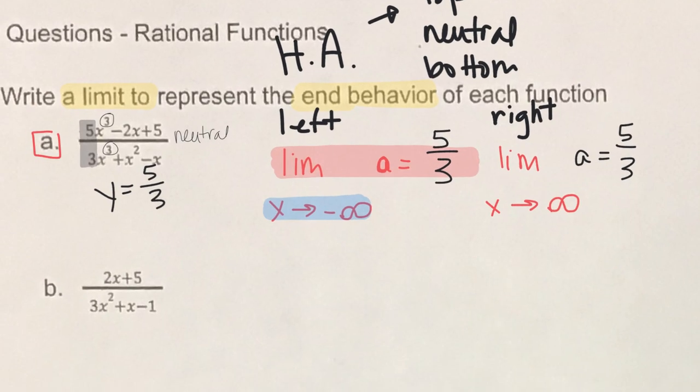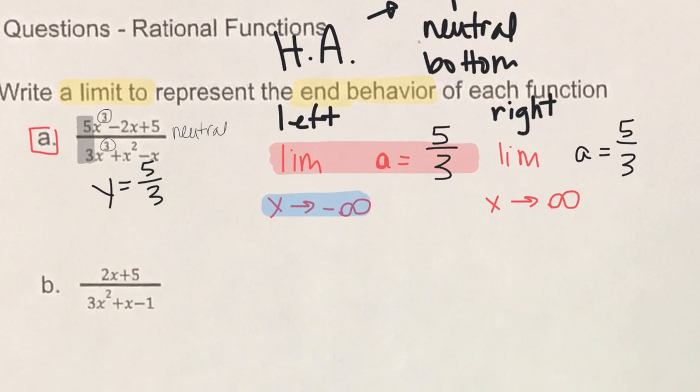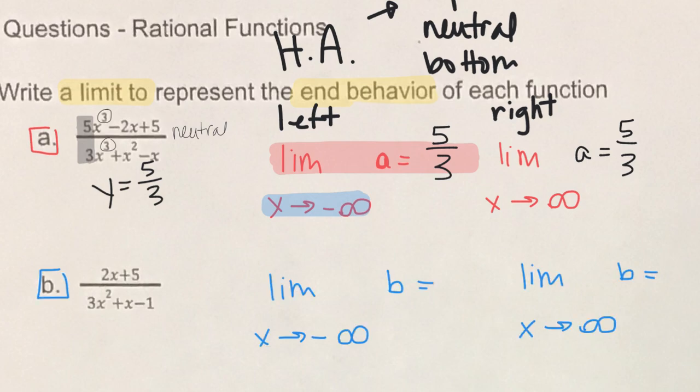Part B wants us to do the same thing. So let's start with our limit statement. Here is our left end behavior limit statement, and here is our right end behavior limit statement. Now let's look at the heaviness. What is the heaviness of our rational function?